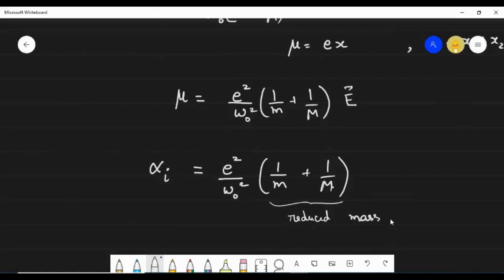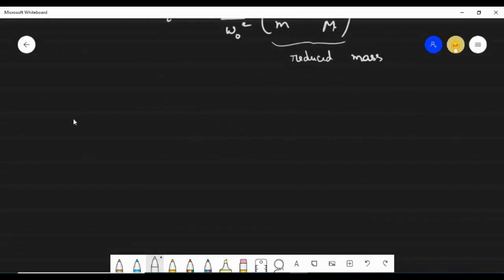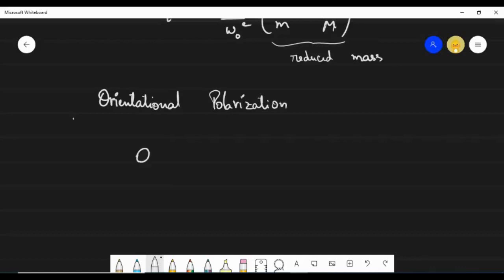Now let us discuss orientational polarization. In a polar dielectric, in the absence of external field, the electric dipoles are randomly oriented.